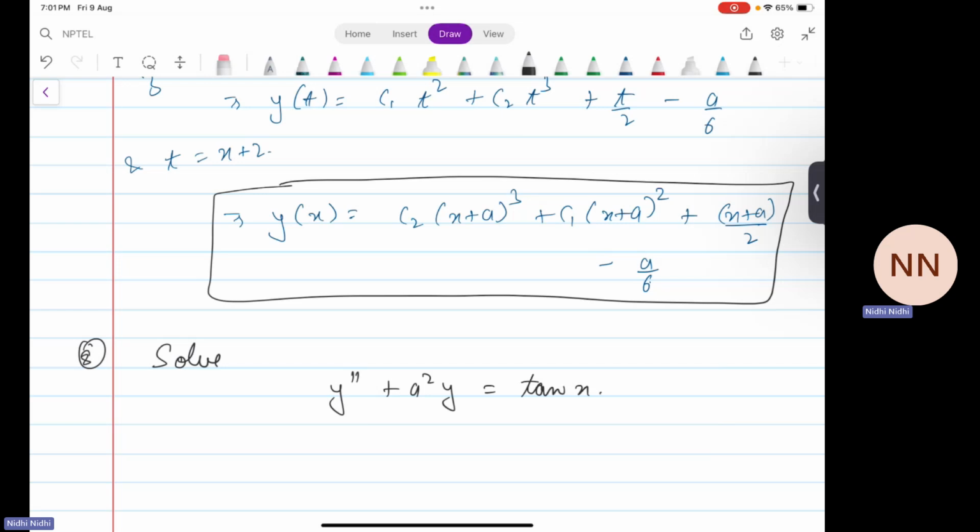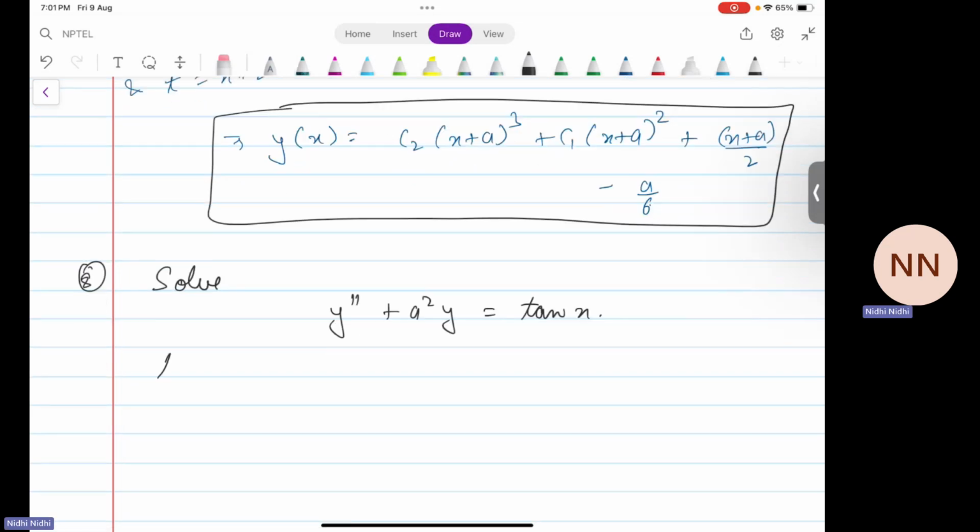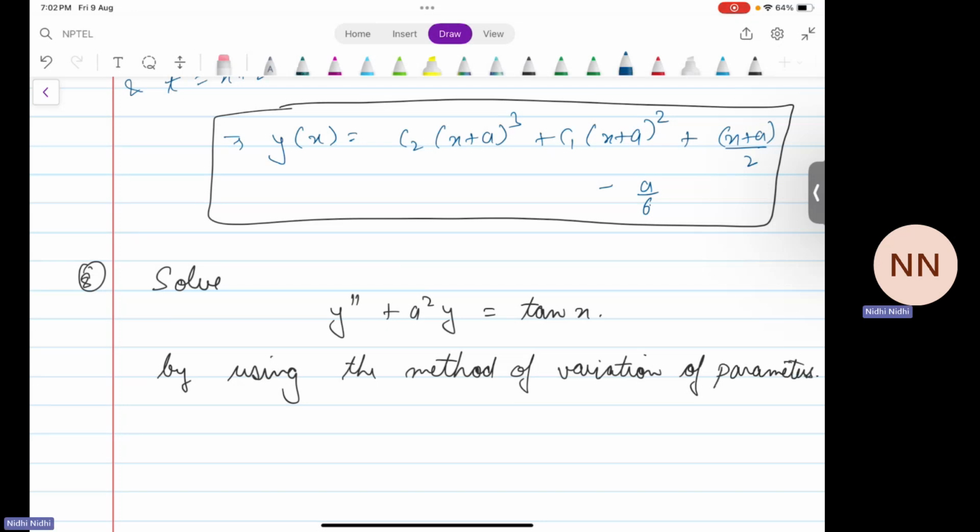So the method that we'll be using to solve this problem is called the method of variation of parameters. I think you must have seen some examples related to this in your lecture videos. So again, our first step is to find the complementary function.